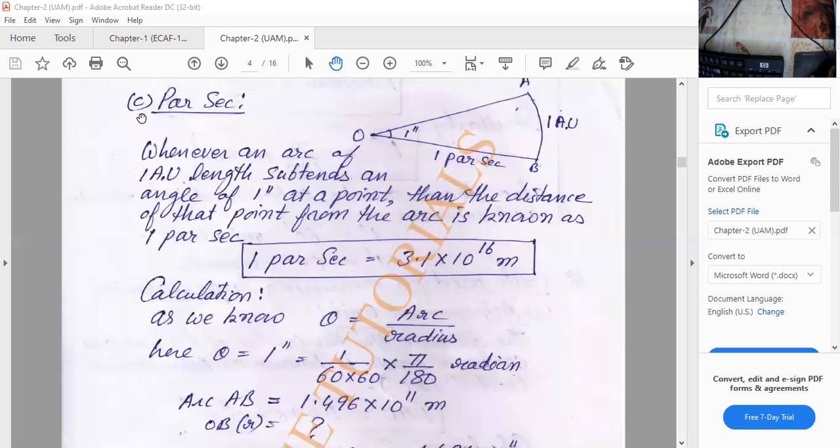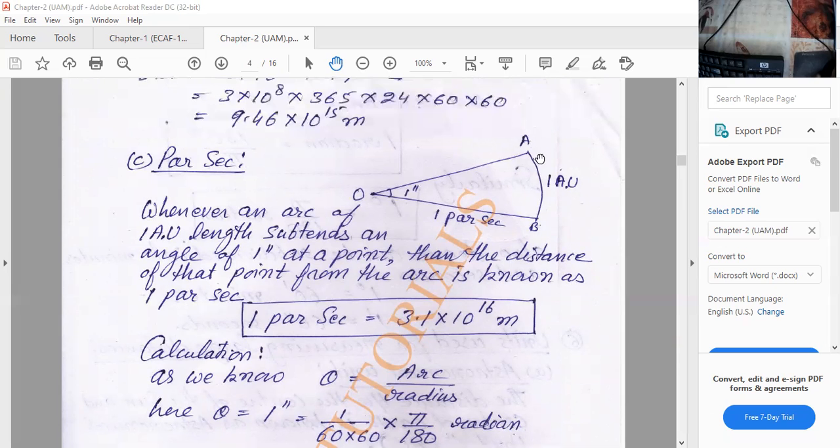Now here comes parsec. So students, what is parsec? Here from the figure, let us first of all understand this parsec. Suppose there is a point O, and there is an arc AB of length 1 AU. There is an arc whose length is 1 astronomical unit.